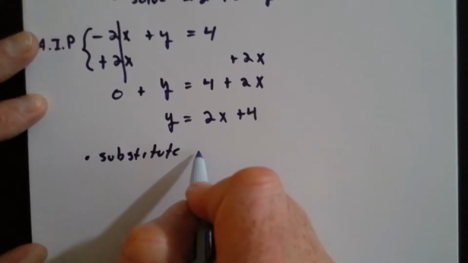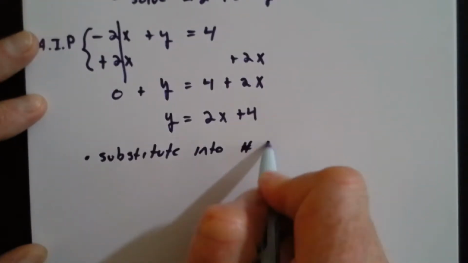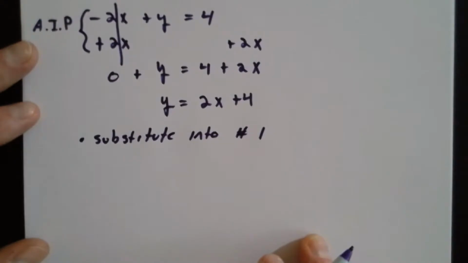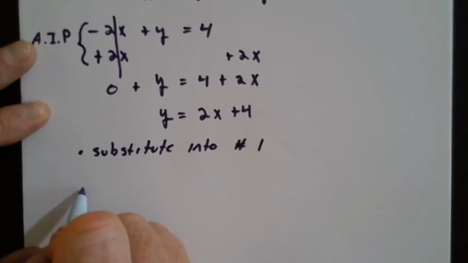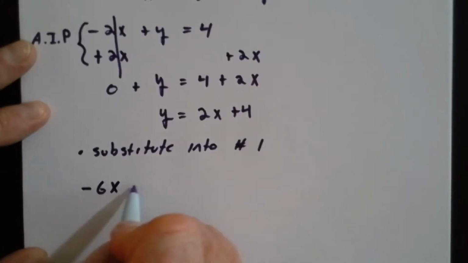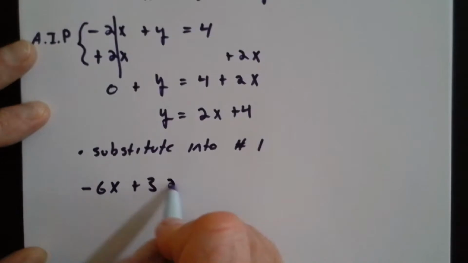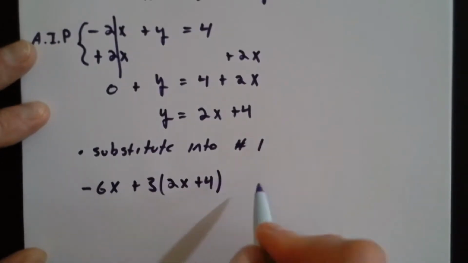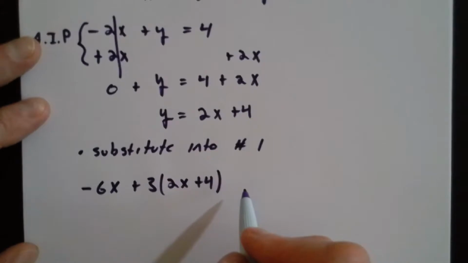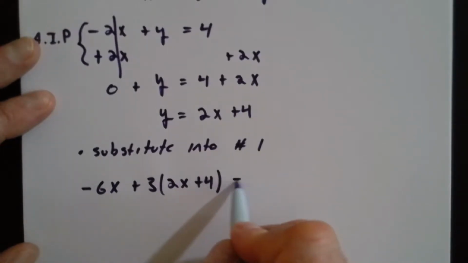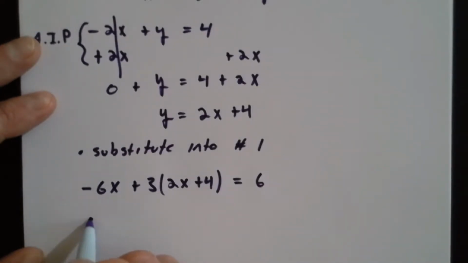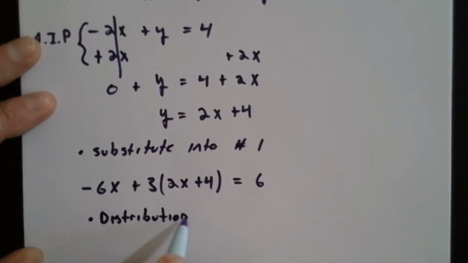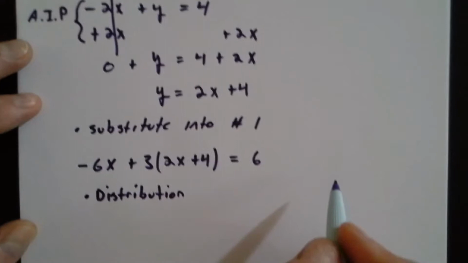Substitute. Well, number 1 is negative 6x plus 3 times (2x plus 4) is equal to 6. Distribution.